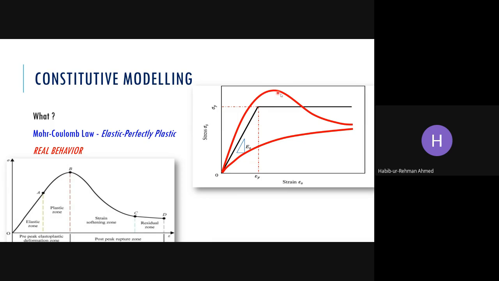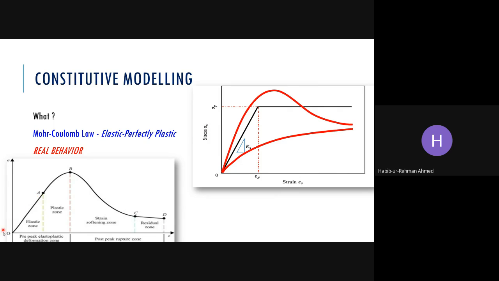Okay, so I'll show you what effect it creates: the plastic part, the strain softening part, and finally the residual part. But some soils, like for example hard clays and very dense sands, have a very small part which we can call the elastic zone, up to where the strains would be completely reversible. After that, immediately they start taking up the plastic strains within themselves, like over here.